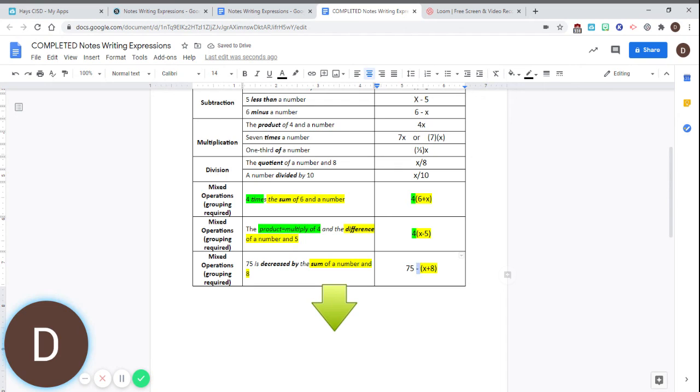And we're decreasing 75, which means we're subtracting. So 75 is decreased by, 75 minus, and then that sum. But you have to put the parentheses because we're not just subtracting the number or 8, we're subtracting the sum of that number and 8.